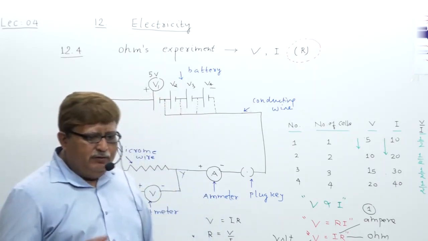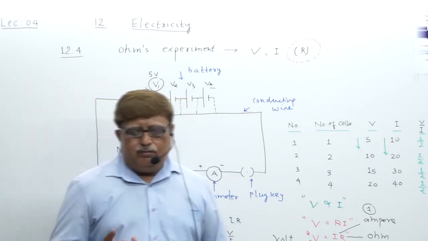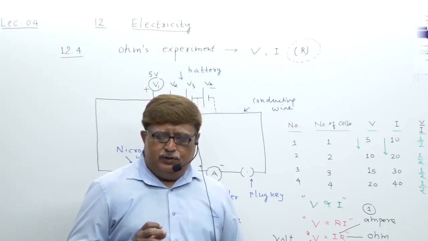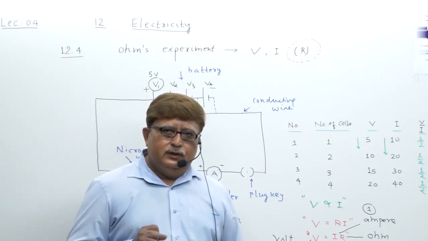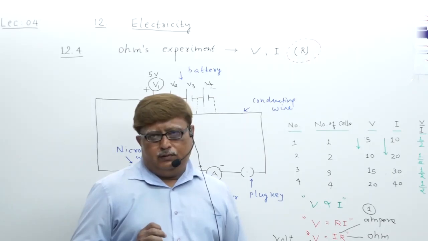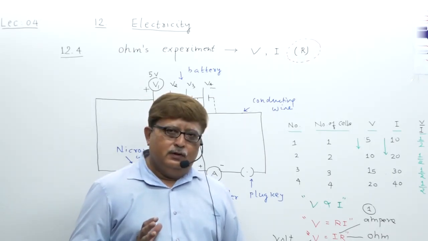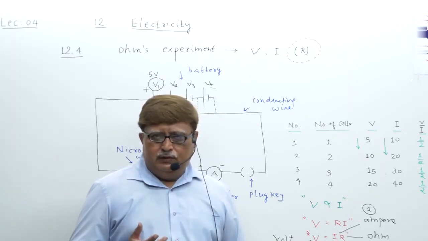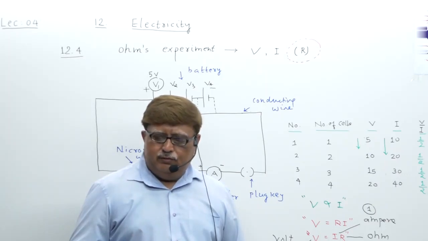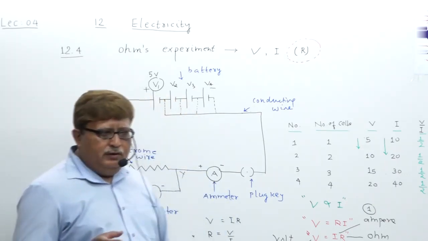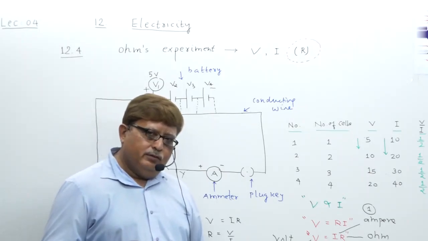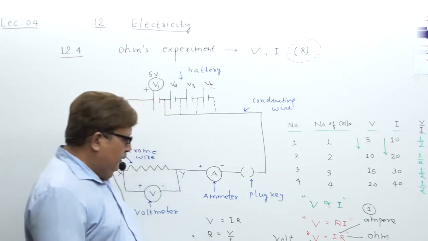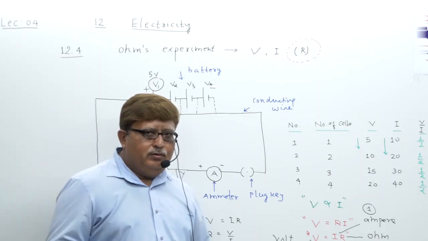Suppose I ask what is the unit of conductance. You understand by common sense, conductance is the opposite of resistance. So because conductance is the opposite of resistance, its unit can also be the opposite of ohm.